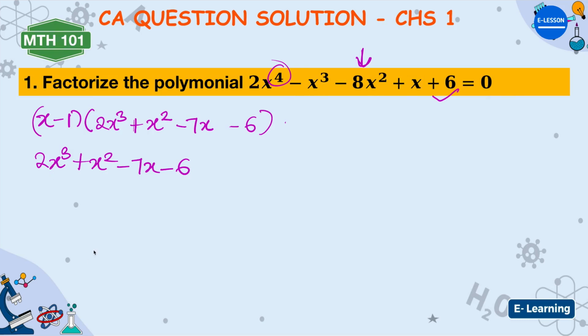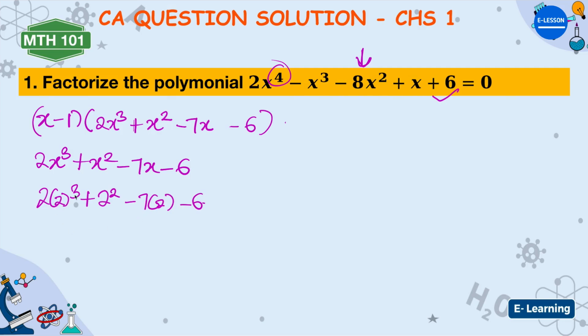All right. If we try 2, here will give us 2 times 2 raised to the power of 3 plus, here will give us what, my dear student? Here will give us 2 squared minus 7 times 2 minus 6. Is that okay?